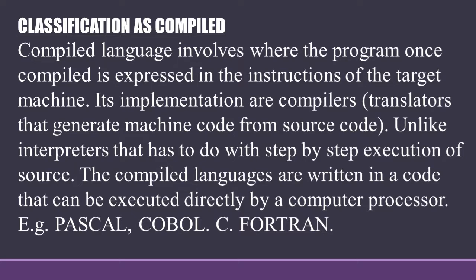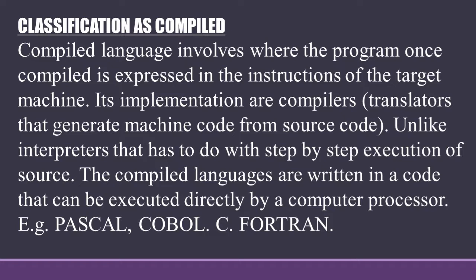Then this one is the classification as compiled. A compiled language is one where the program, once compiled, is expressed in the instructions of the target machine. Its implementations are compilers, that is, translators that generate machine code from source code. The source code is the one written by the programmer, which will be translated into the machine language.